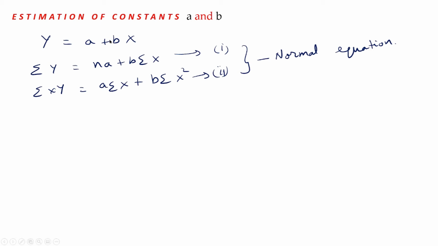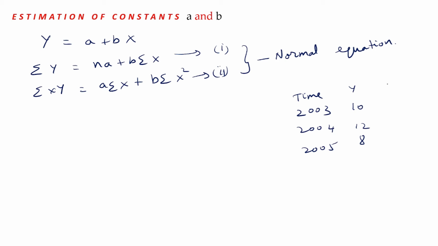Here x is the time that we are taking. So for example, if the time is given as 2003, 2004, 2005 and the various values of y are given, say 10, 12, 8, like that. Now we have to shift the origin. If we take x as 2003, 2004, 2005, then we will not be able to find the values of a and b.